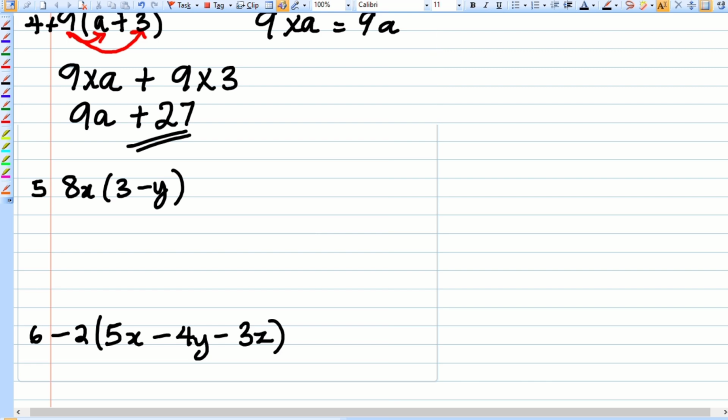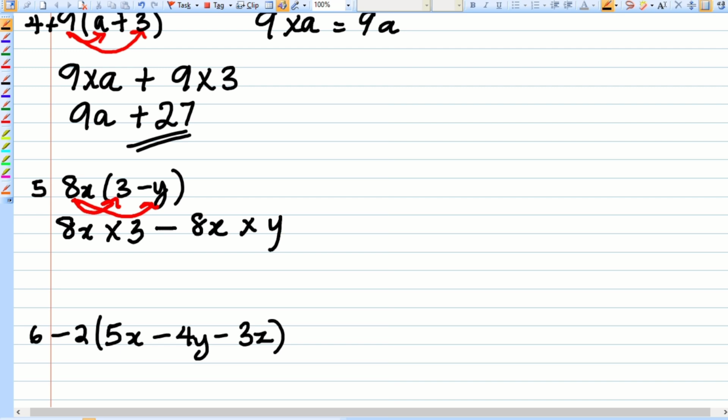Question number 5. We have 8x into 3 minus y. Again, 8x is going to multiply the first term and then also going to multiply the second term. So we have 8x times 3. Now this is a negative sign there. You see that negative sign before y, so it's going to be minus 8x times y.